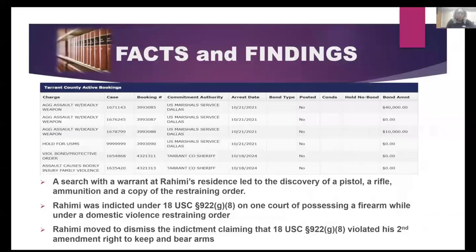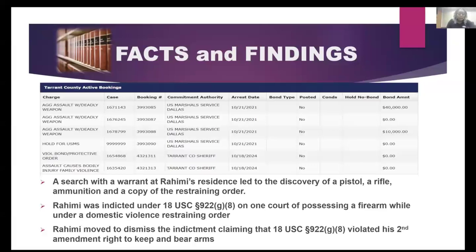The crazy thing about this was that he was not physically arrested. There were multiple warrants issued out for his arrest. A search warrant was issued. They were able to search his residence. They found pistols, a rifle, ammunition, and a copy of, we're using the universal restraining order, but it was the civil protective order that was granted against him by the Tarrant County State Court.